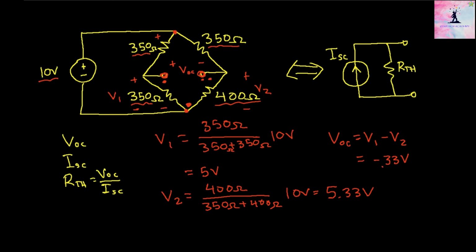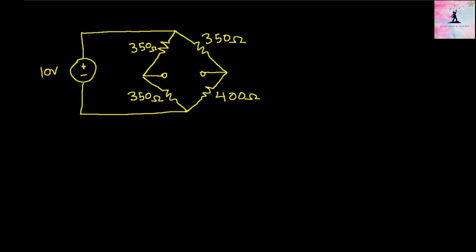Let's see if we can find the short circuit current. This is going to get a bit trickier. I bring up a clean version of the circuit, and now I want to short these two terminals and find the short circuit current. How am I going to do that?